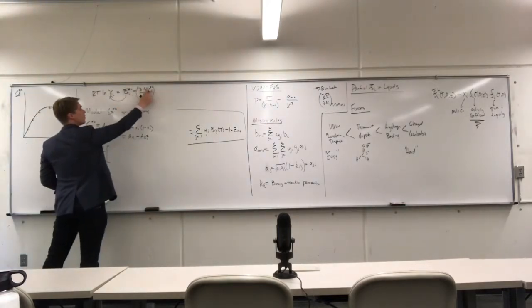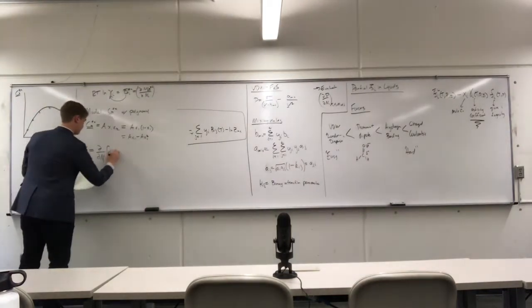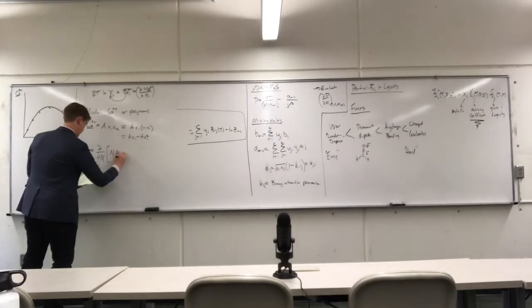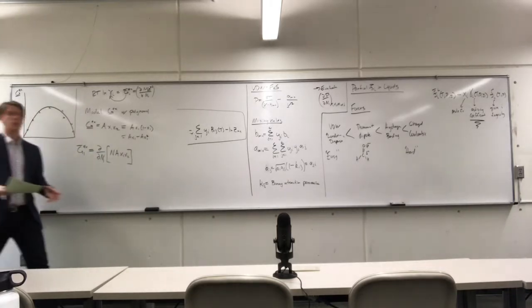Partial excess is the number of moles times all this fancy mathematics. So effectively what we're looking at here is n A x1 x2. All we did was substitute the different terms.